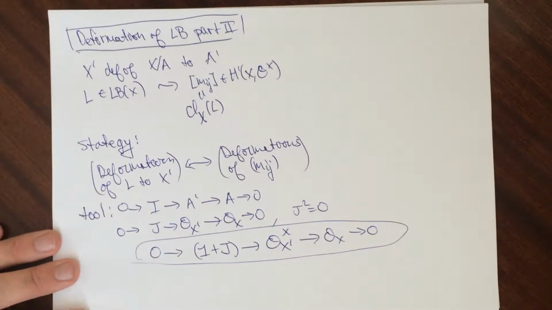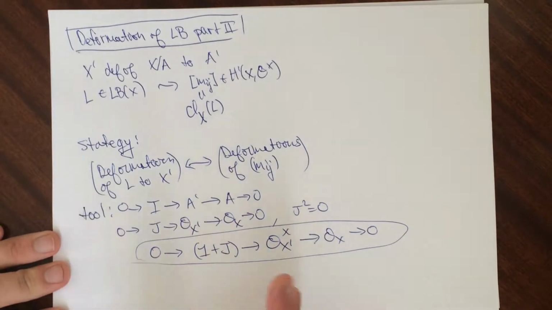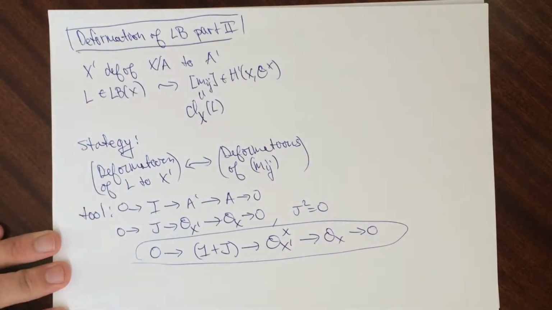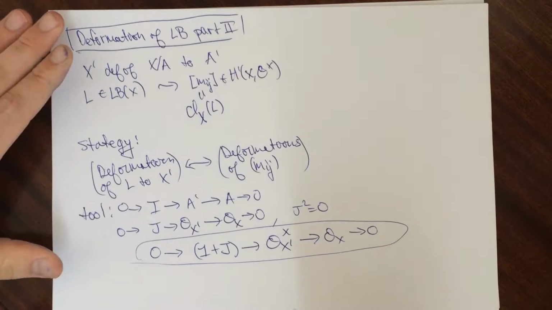Sequence of abelian groups, and it could be a sheaf of groups. So suppose you view X as a locally ringed space, then the underlying topological space of X and X prime are the same, since this is a square zero extension. And so what do I want to say? This is what I want to say.